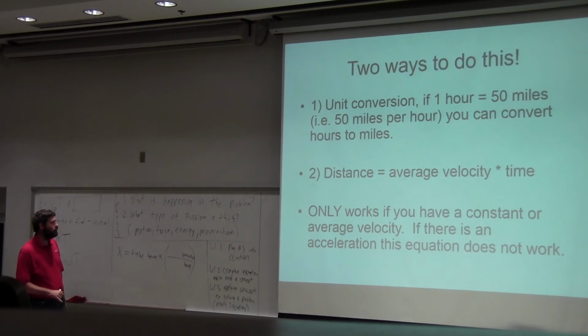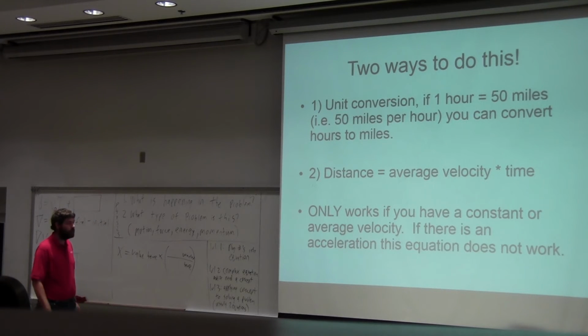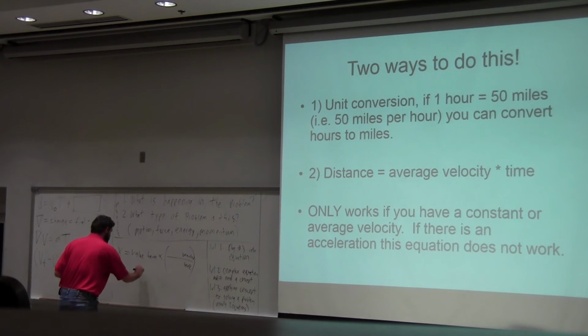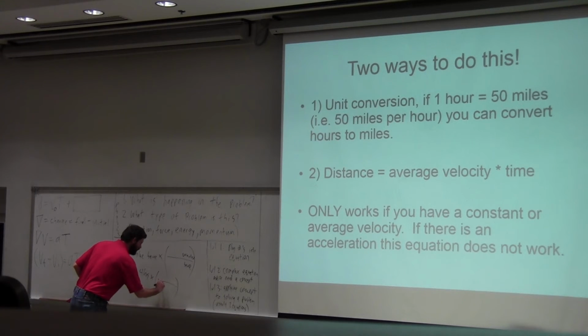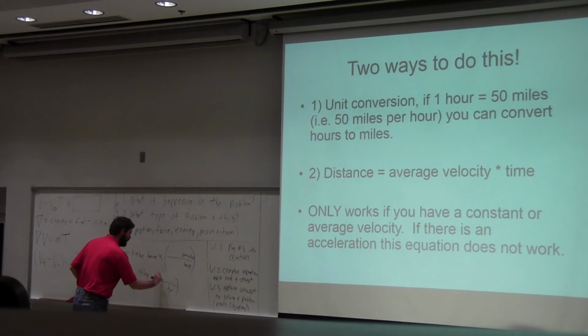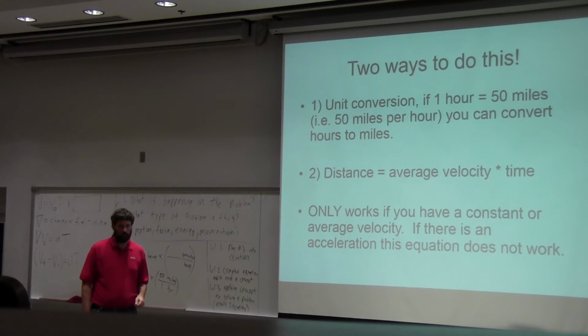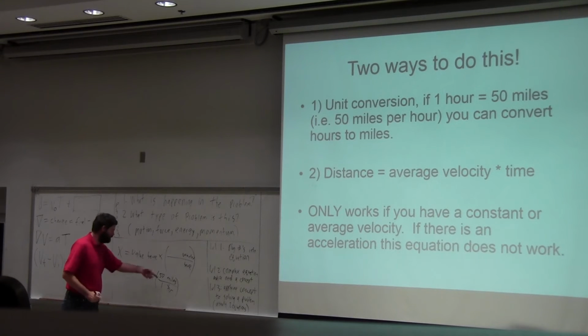So an example here, if I wanted to convert my time to miles, I have 4 hours, and I know that in this case, 1 hour, and always write in the units, because if you write these in backwards, you'll spot it with the units. I go 50 miles. So I can say that 50 miles equals 1 hour. They don't, but in this problem they kind of do. So then I would do this, and I would get 200 miles.